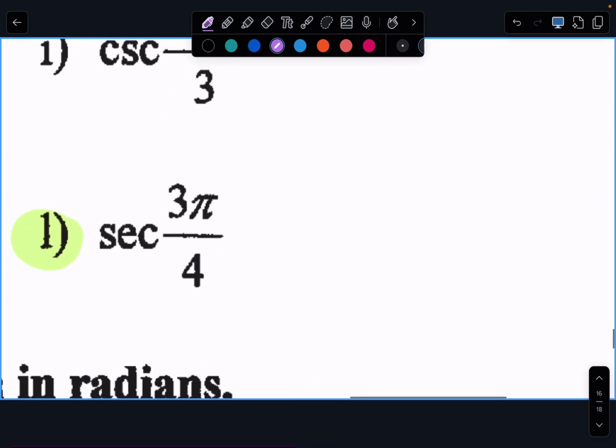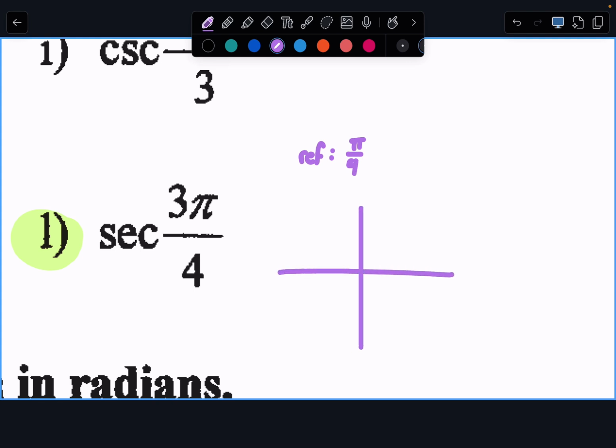Okay, let's do one more then. What's my reference angle? So that means this would be 4 pi over 4. So where's 3 pi over 4? What's the reciprocal of secant?